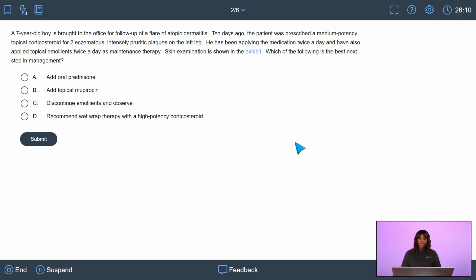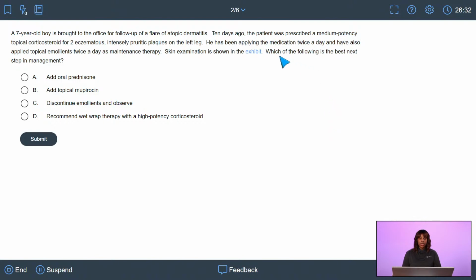Skin examination is shown in the exhibit, which I will show shortly. Which of the following is the best next step in management? A, add oral prednisone. B, add topical mupirocin. C, discontinue the emollients and observe. Or D, recommend wet wrap therapy with a high potency corticosteroid.